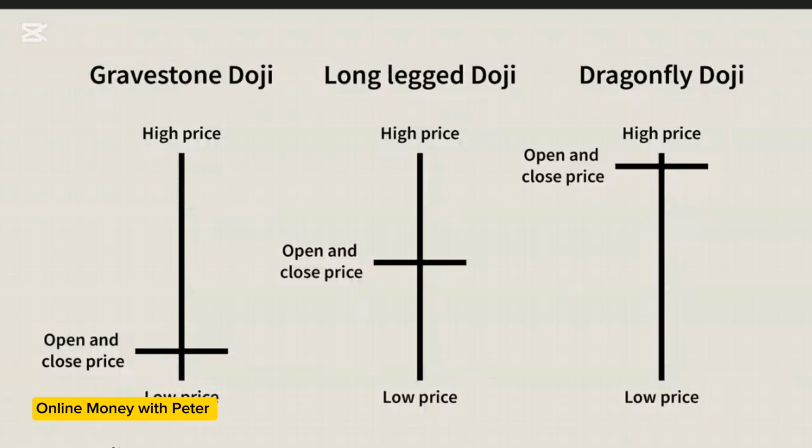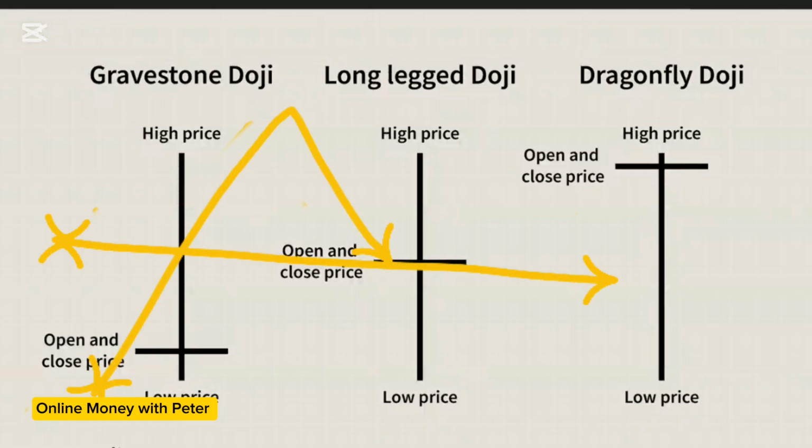Then, of course, it always retraces to a support. When it retraces to a support, it is the sellers that push the price to a support. Now, when it gets to a support and this long leg doji is formed, it means that the sellers are indecisive at that point. They are not sure of whether to continue to go down or not, perhaps because of the strength of the buyers at the support.